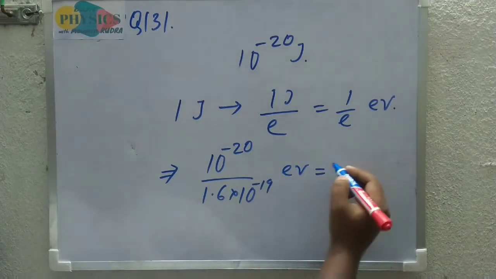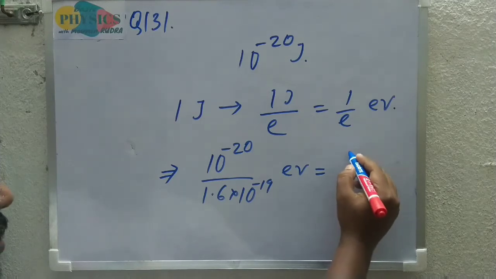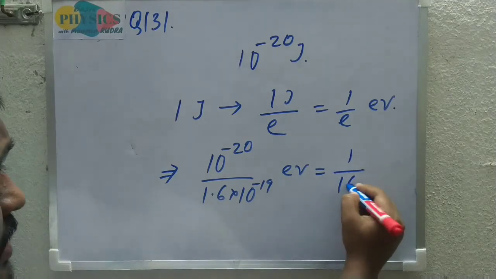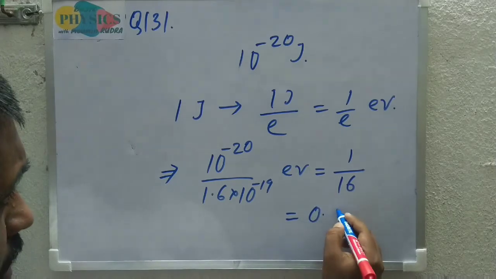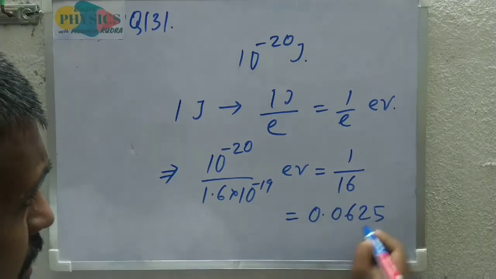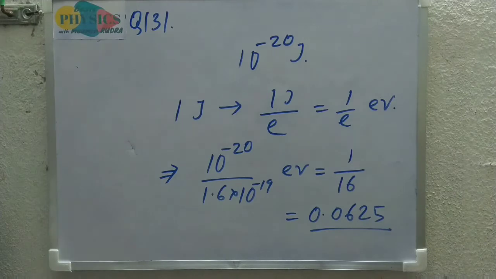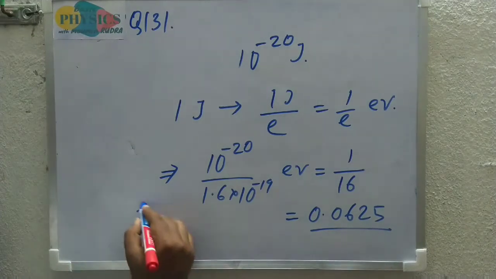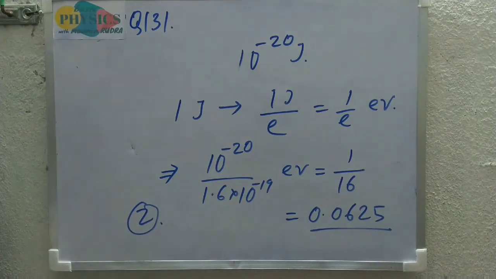It means 1 by 16, which is 0.0625, so option 2 is the right answer, 0.06.